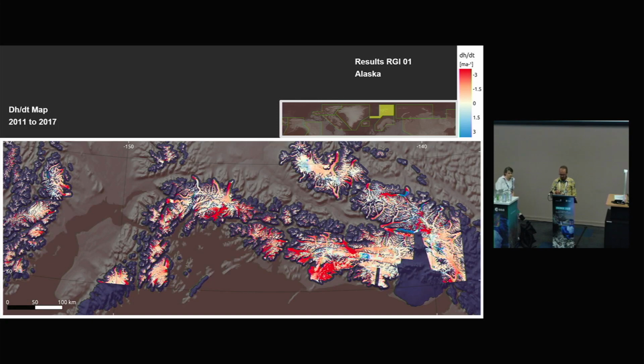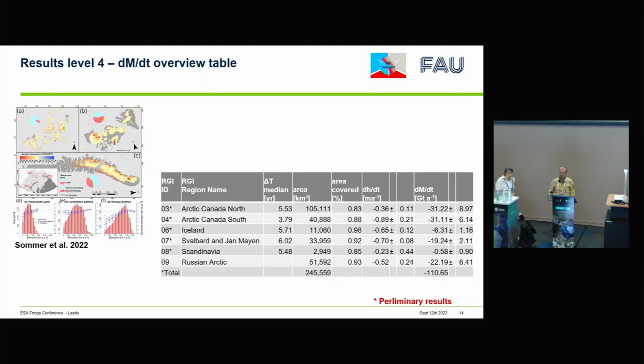So when I go on to the summing up of the results, we are missing out Alaska here, and I also spared Western Canada, US, because we are also missing parts of the more southern region, which would not be a fully representative signal then here.